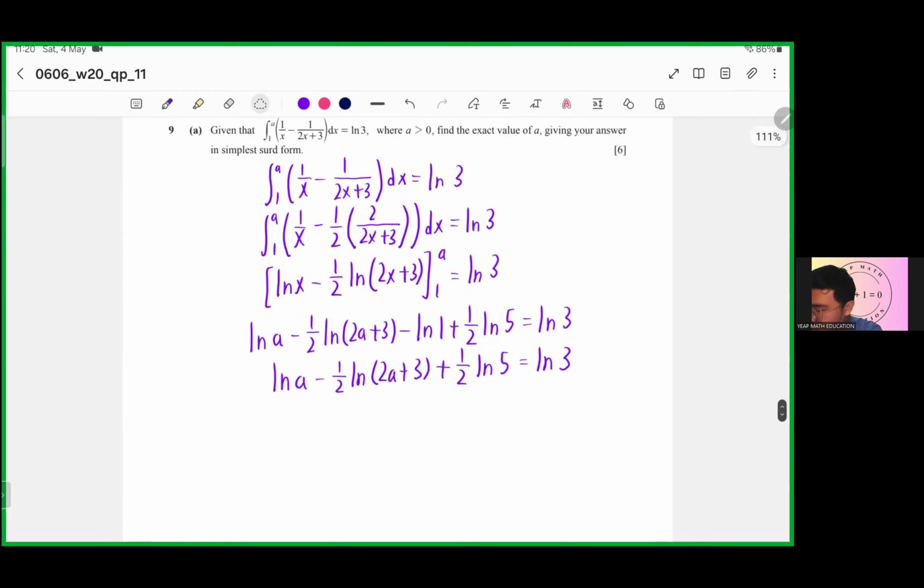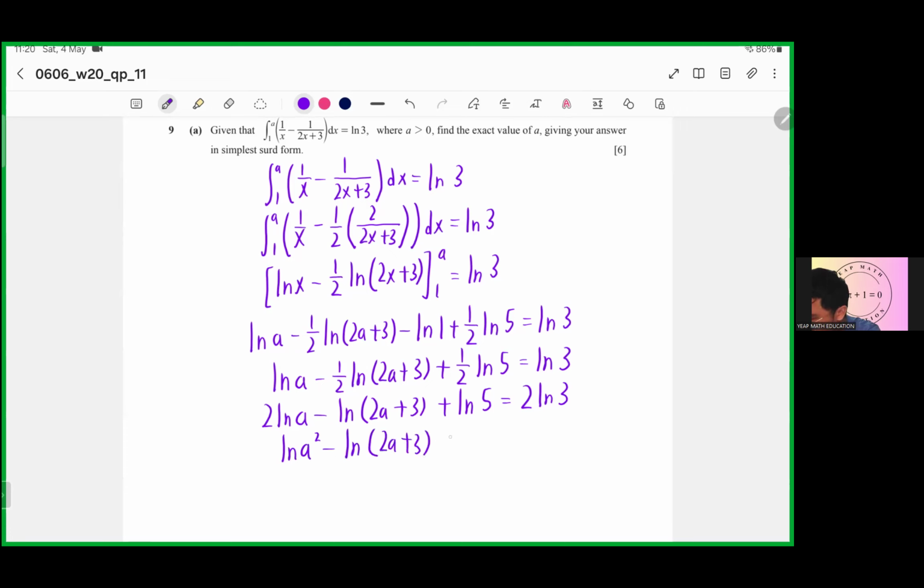Okay, now we can put it like that. We can take, I just multiply by 2 because I want to take an easy way. Now we can get ln a minus ln(2a plus 3) equals ln 9 minus ln 5.